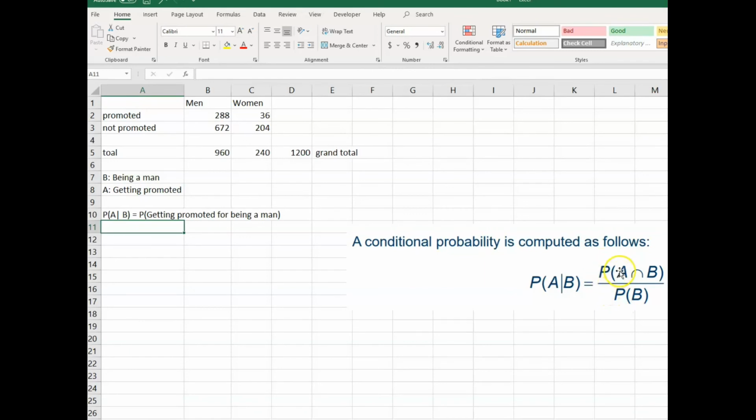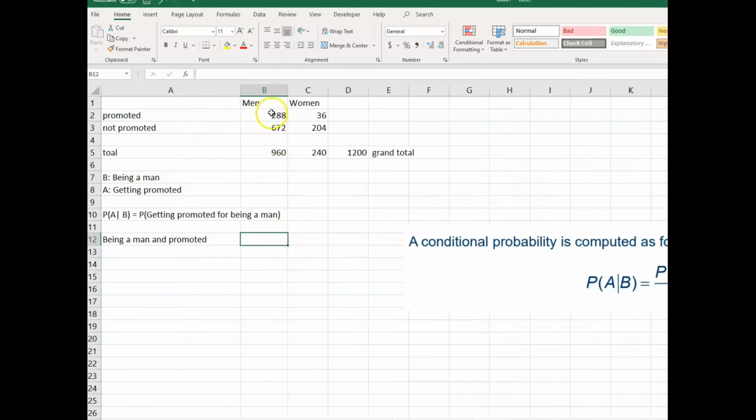The ratio is A intersection B. Actually it is being a man and promoted, and we know it is 288, right?